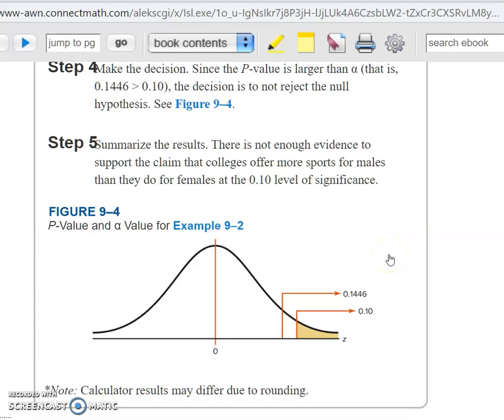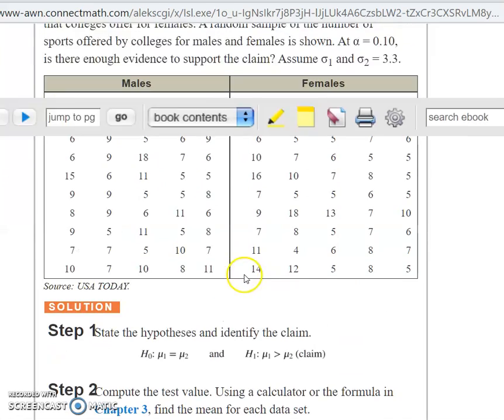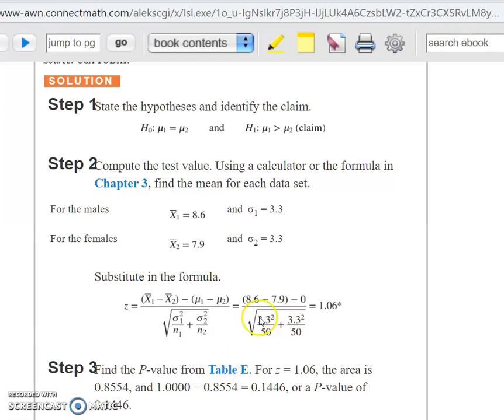Okay, so now the question becomes, you say, well, listen, just by random chance, it's the way the universe operates, there's a 14.4% chance of getting this much of a difference right here, this delta, just by random chance.